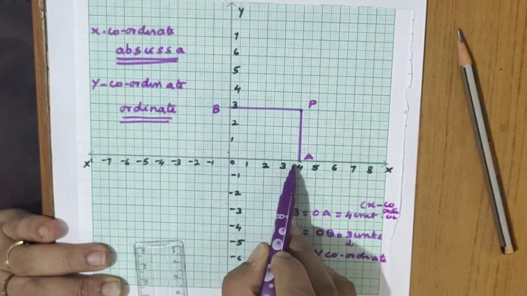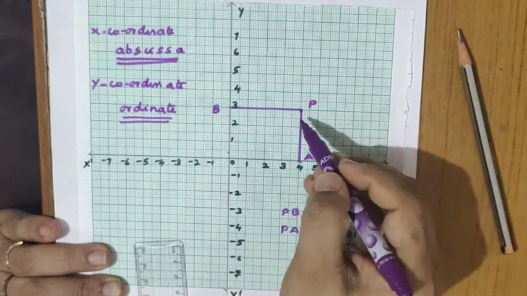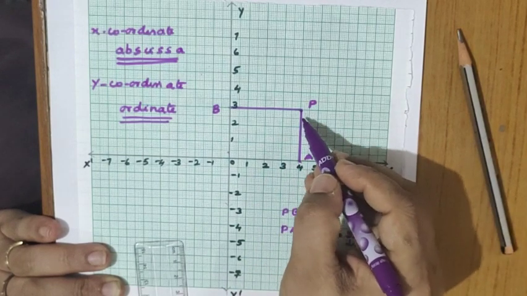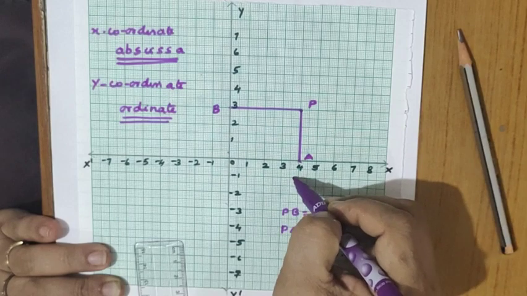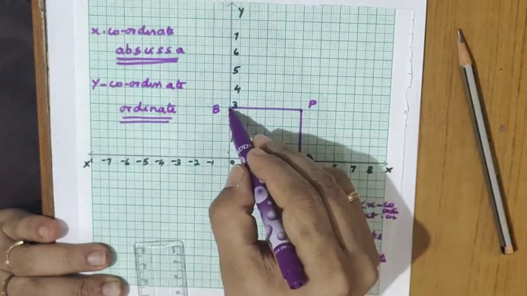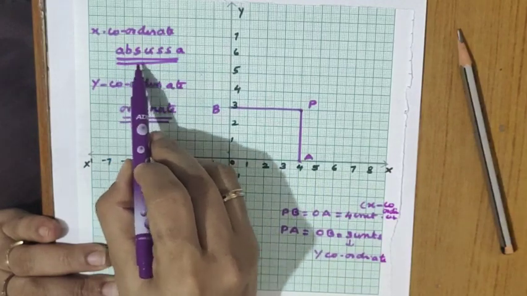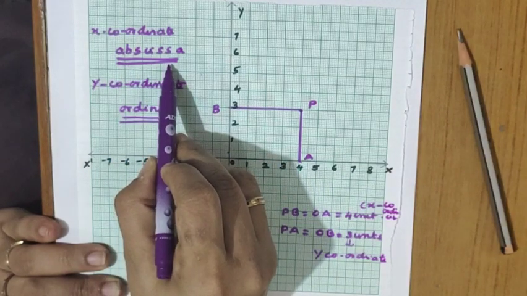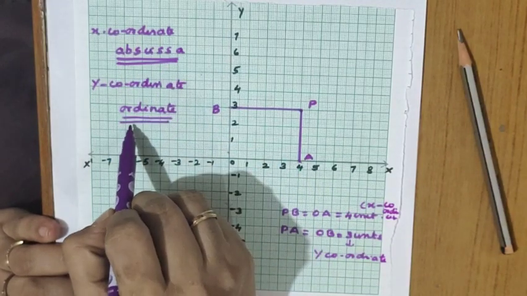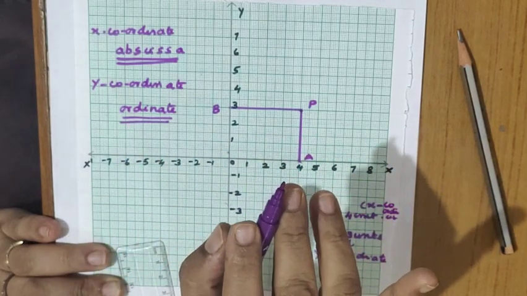The x-coordinate is called the abscissa and the y-coordinate is called the ordinate.